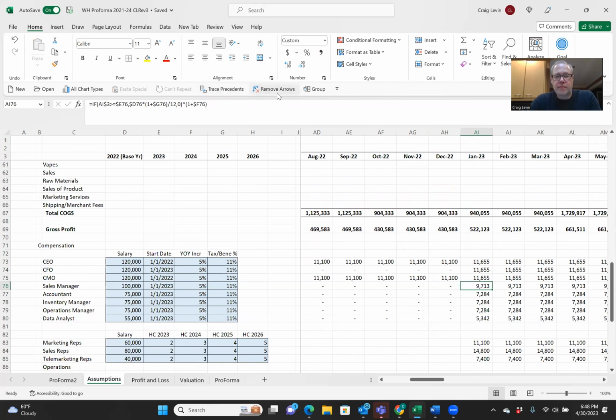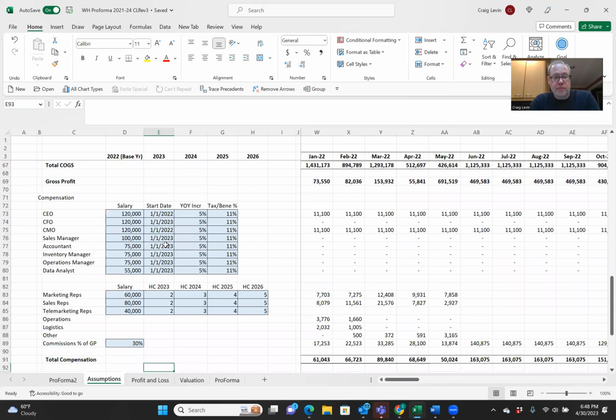Okay. So you can see that, if I were to move this one out to 1/1/24, notice that it disappears. I'm not going in and hard coding in numbers. This is an articulated model that will do all those calculations for the user.